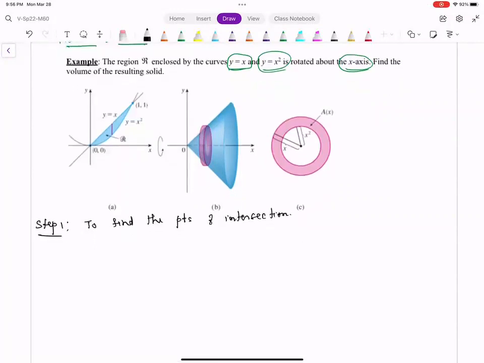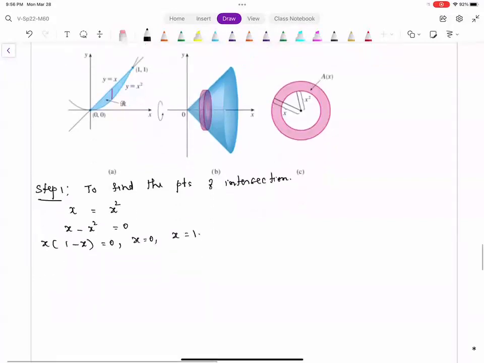Y equal to x and y equal to x squared. So set the two y's to be equal. So x minus x squared equal to 0. So x times 1 minus x equal to 0. So x equal to 0 and x equal to 1. These are the x coordinates of the points of intersection.